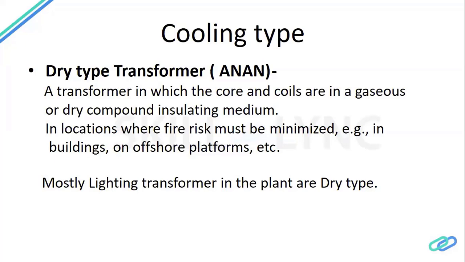Or an offshore platform. Offshore platform means, like in Bombay High, we have oil extraction units. So it's a risky place, so there we use a dry type transformer. Mostly lighting transformers in the plant are dry type because generally we keep them inside the substation building. So for safety purposes, it's good.